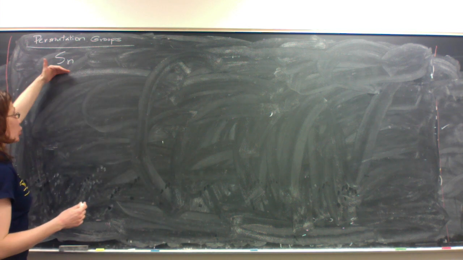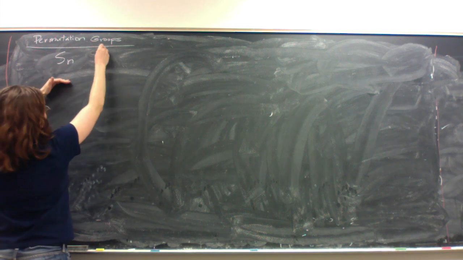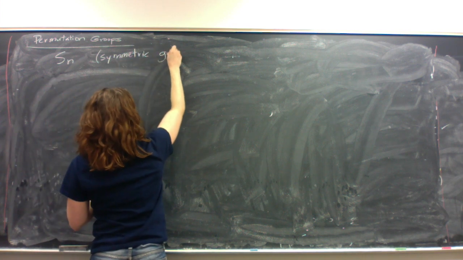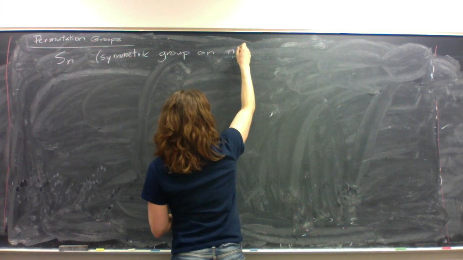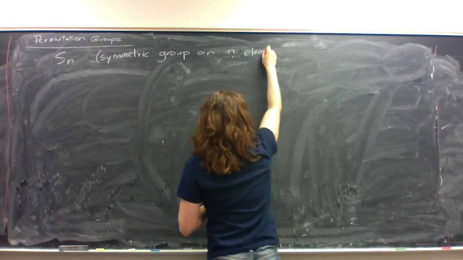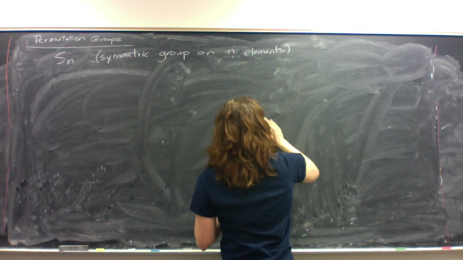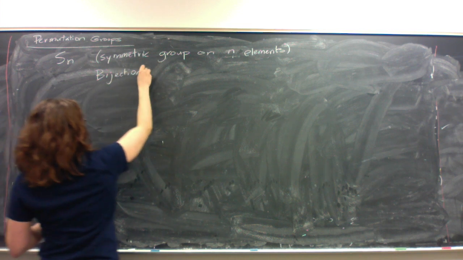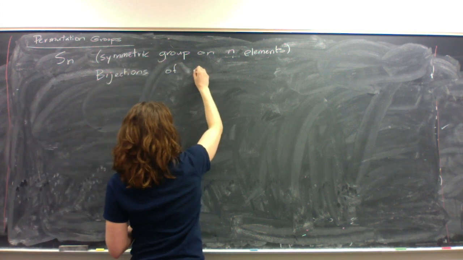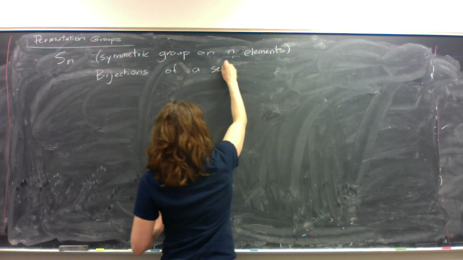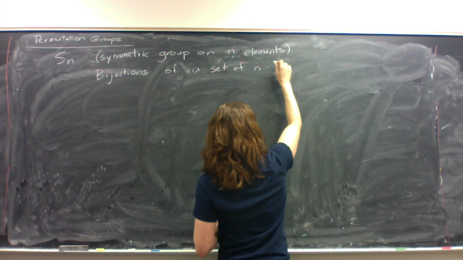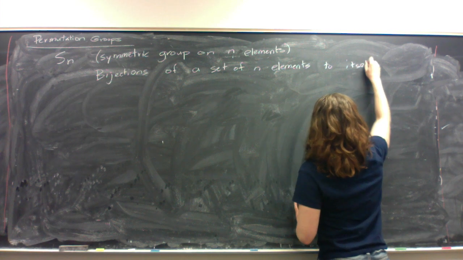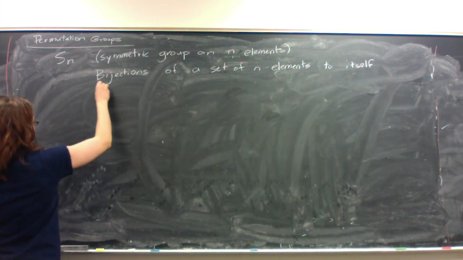So we start with this group Sn, which is called the symmetric group on n elements. And it consists of bijections of a set of n elements to itself, where the operation is then composition.